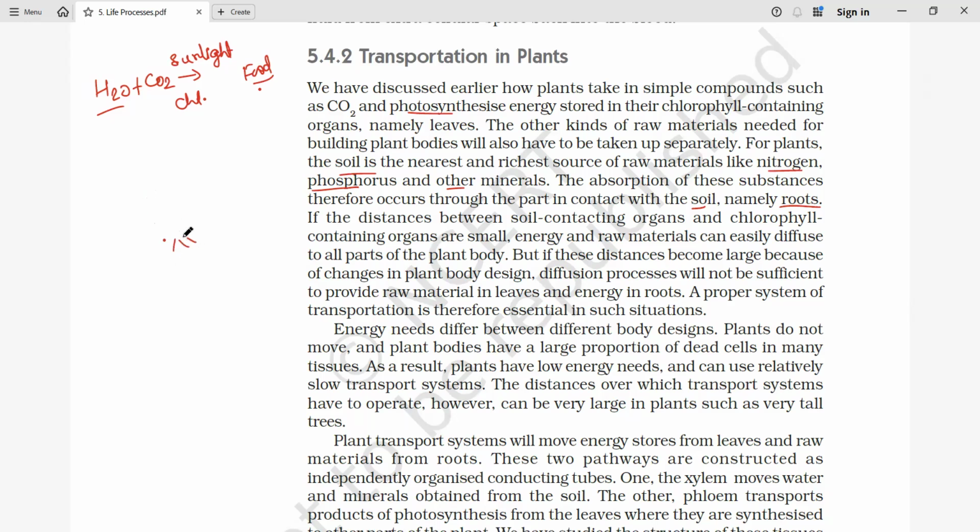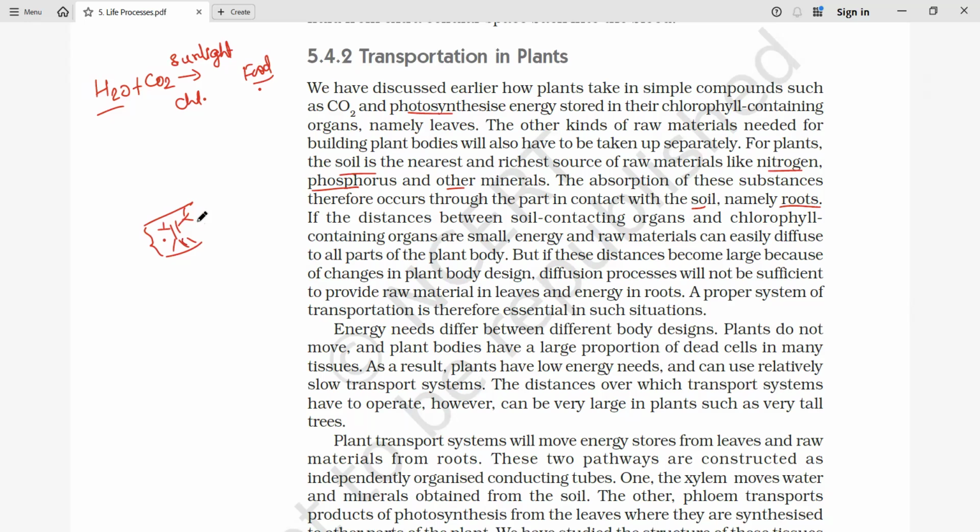Like here, if you have small roots and these are the various branches of the plant, if the two are very close together, like some tiny plants, then the raw materials, nitrogen, phosphorus, can easily reach from the root to the leaf. But for big trees, for example a bamboo tree or a coconut tree, there is a huge distance between the roots and the leaves.